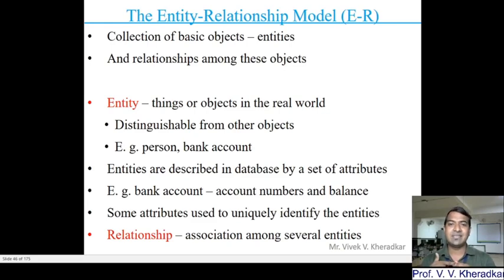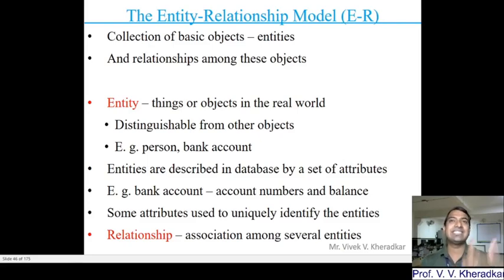An entity is a thing or object in the real world. Whichever real object is available in the world, we call it an entity, and it should be distinguished from another object. For example, a person, a student, a teacher, a bank account. These are real objects, called entities, and every object is differentiated by its properties.